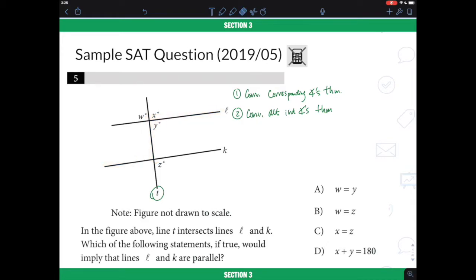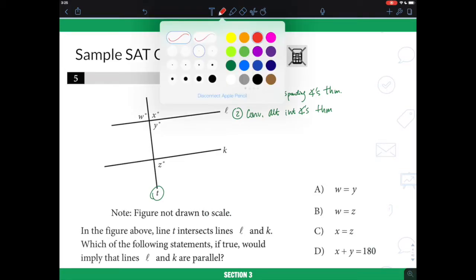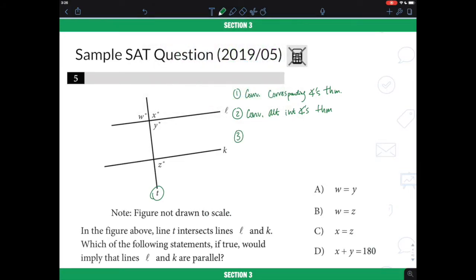So let's consider the third possible reason, which is the converse of the same side interior angles theorem. To help us spot the same side interior angles, I would like to use the letter C. It will be this angle and this angle.